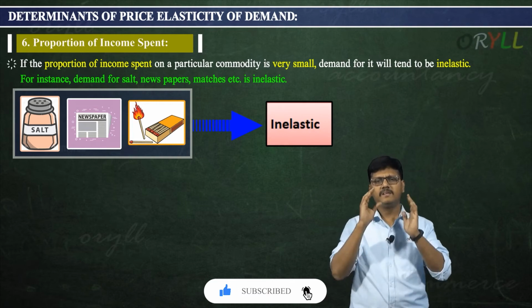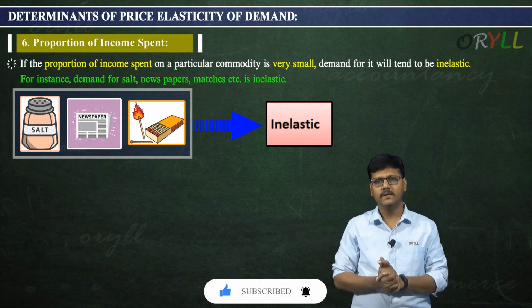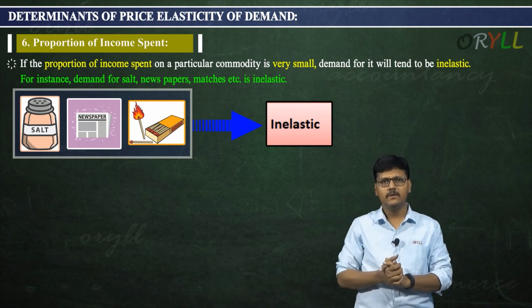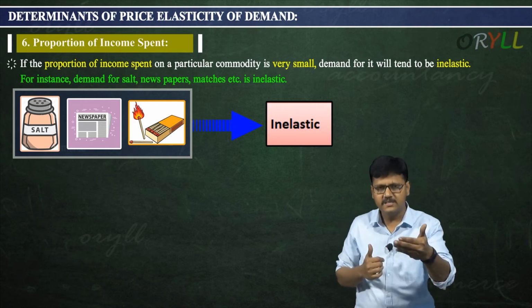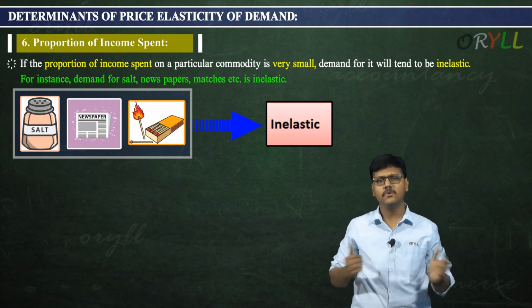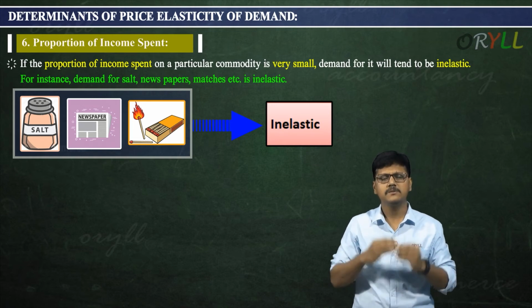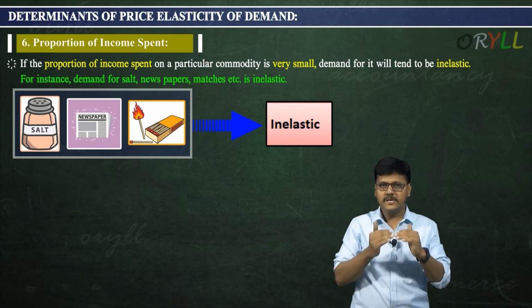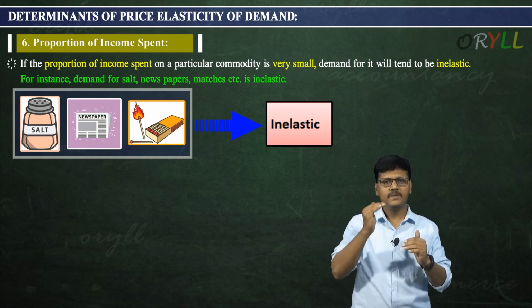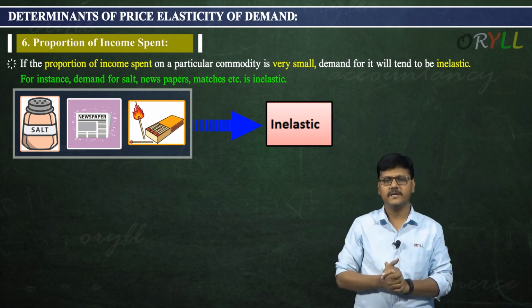For example, 10 match boxes for the whole month cost 10 rupees. Will we change the quantity demanded as the price increases or decreases? No. A newspaper costs approximately 250 or 300 rupees per month. So for commodities on which the consumer spends a small amount, demand will be inelastic.